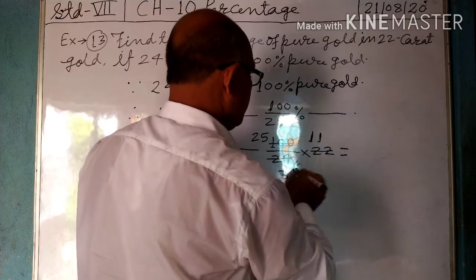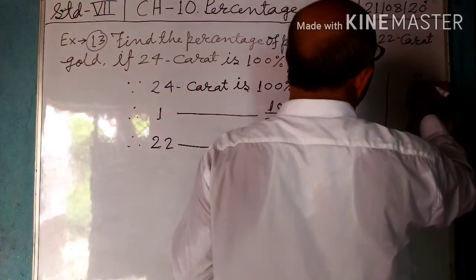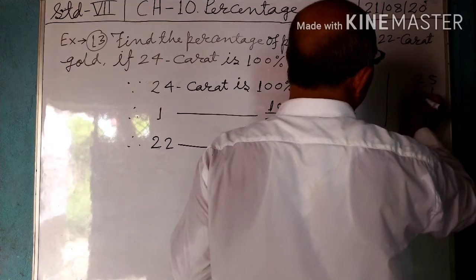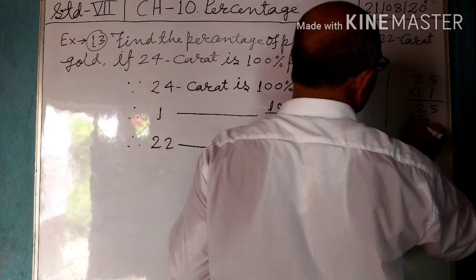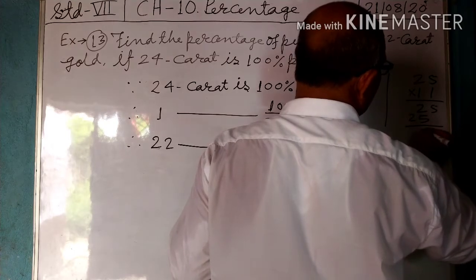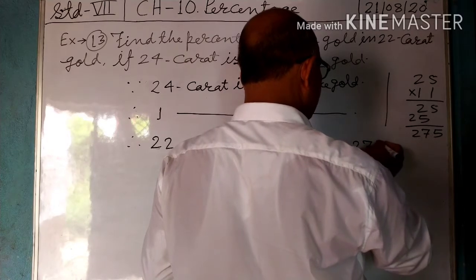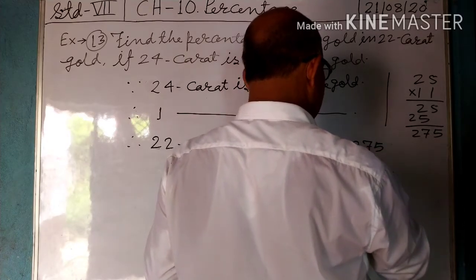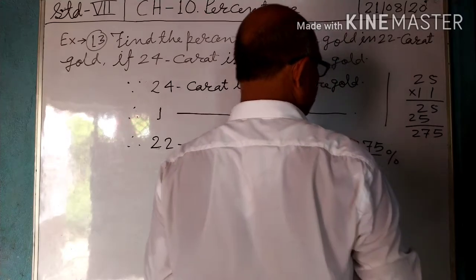Equal to 25 multiplied by 11, 275 by 3%.